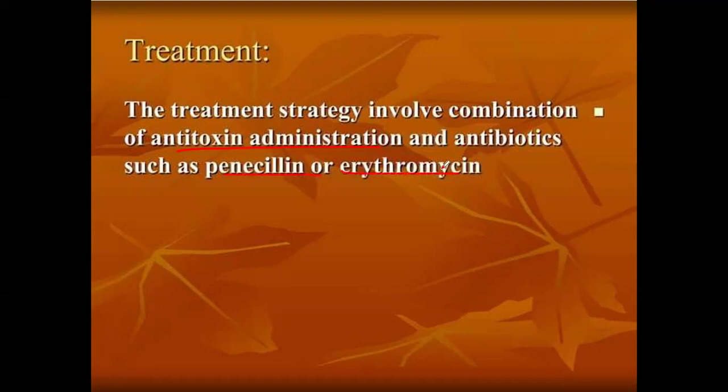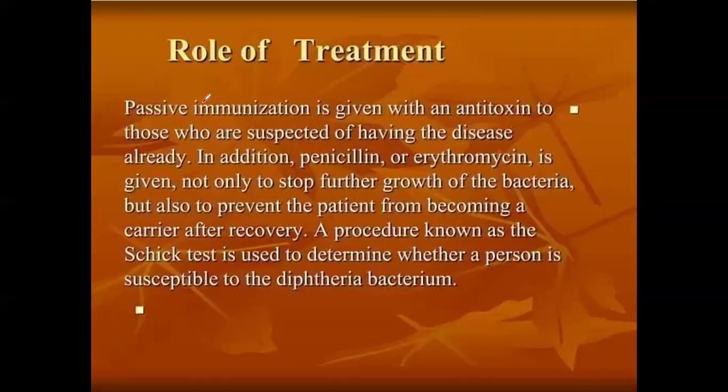In treatment, passive immunization is given with antitoxin to those who are suspected of having the disease already. In addition, penicillin or erythromycin is given not only to stop further growth of the bacteria, but also to prevent the patient from becoming a carrier after recovery. A procedure known as the Schick test is used to determine whether a person is susceptible to the diphtheria bacterium.